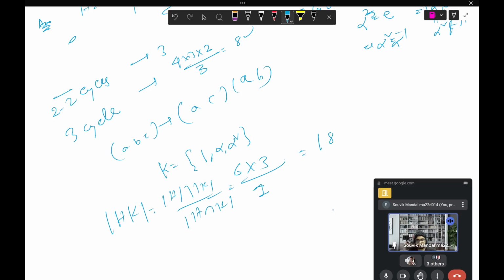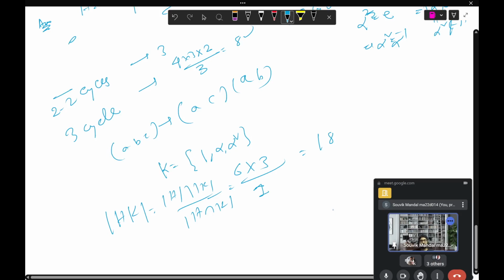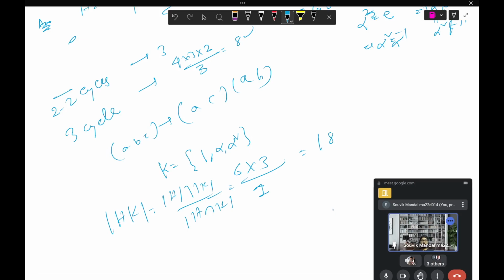So 18. So the order of HK is 18, a subset containing 18 elements in A4. So there is a contradiction, right? So that's why A4 can't have a subgroup of order 6. So this is the argument. Do you understand? Tell me, do you understand? Or please go through the argument once again.